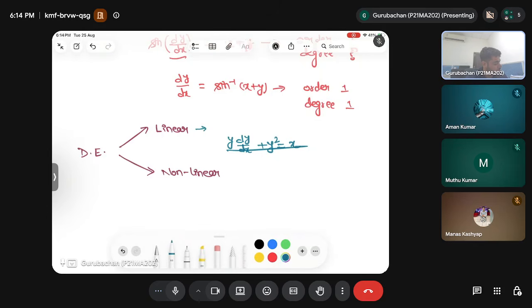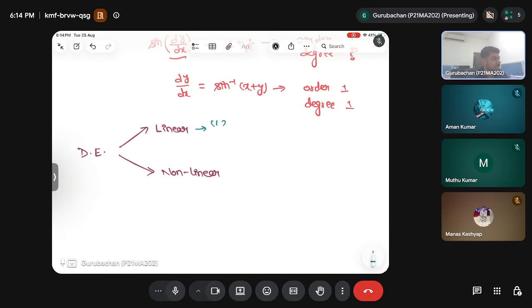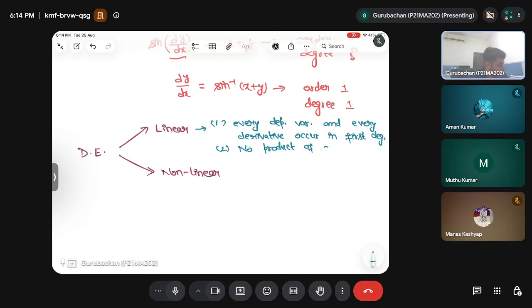So that means you need two things. One is that every dependent variable and every derivative occurs in first degree, and the second one is that no product of dependent variables or derivatives occurs.